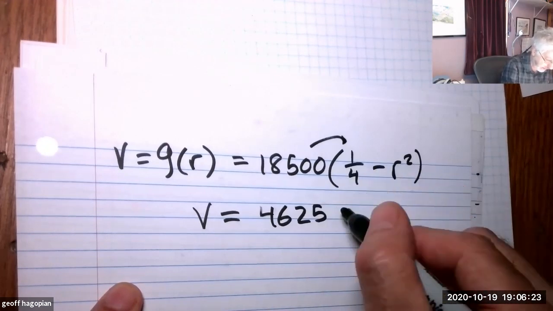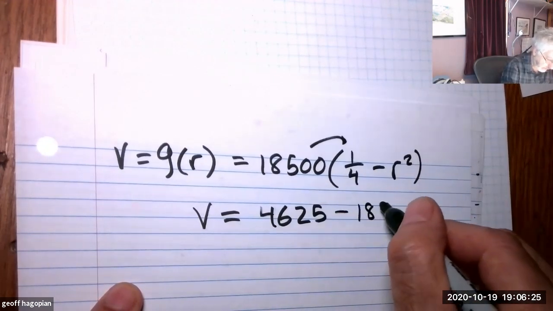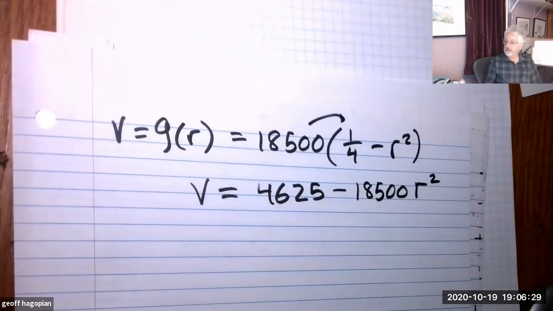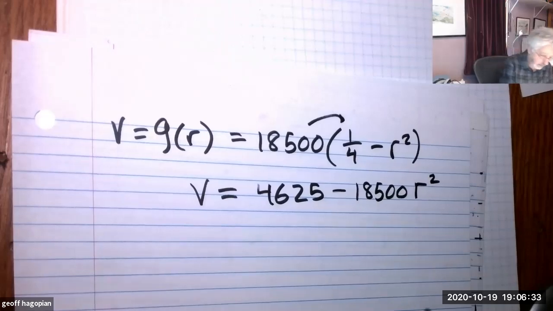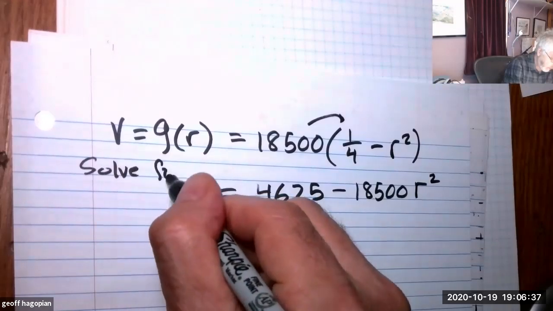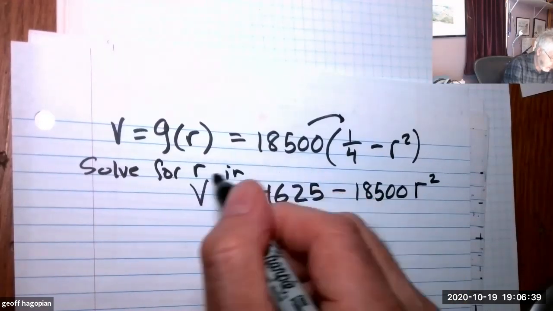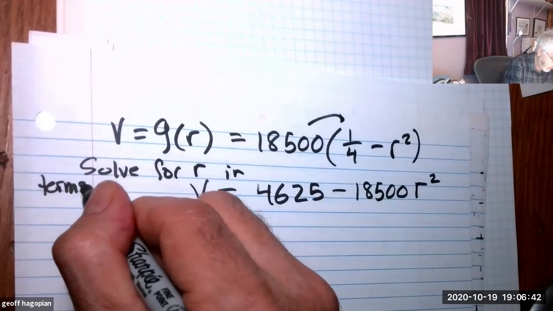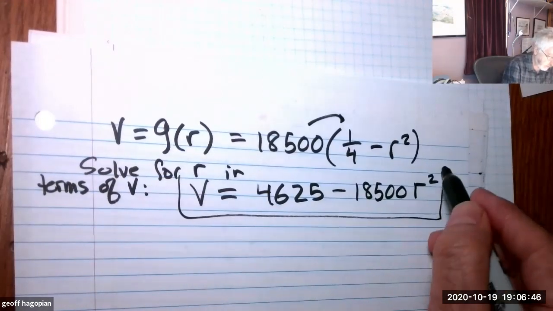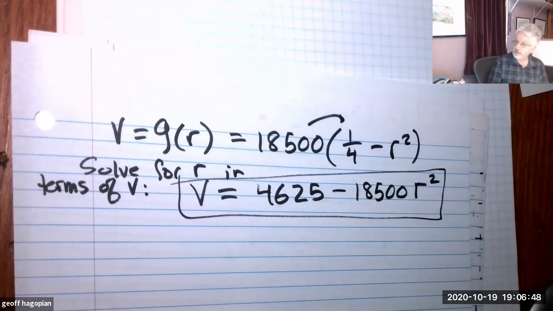There is a negative on the other term, right? 18,500 R squared. Is that better? It's not nearly as complicated as I was making it out to be. So we want to solve for R in terms of V, right? That's the process for finding a formula for the inverse function, right?